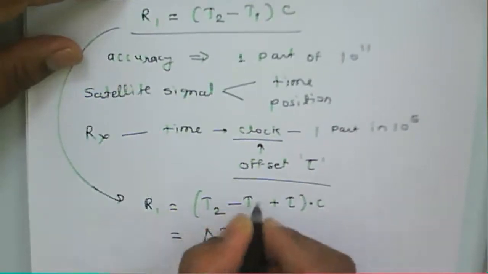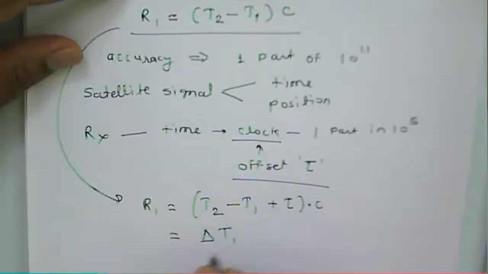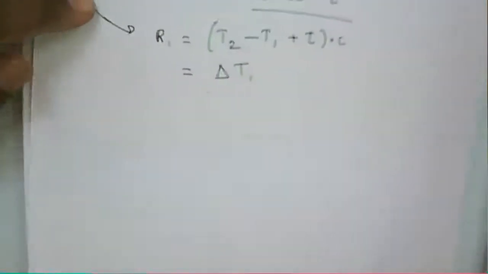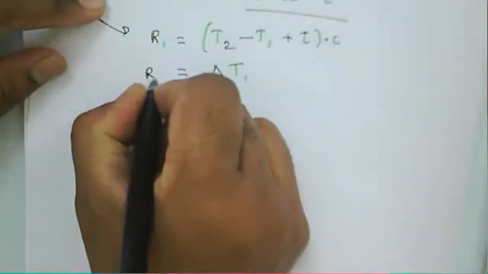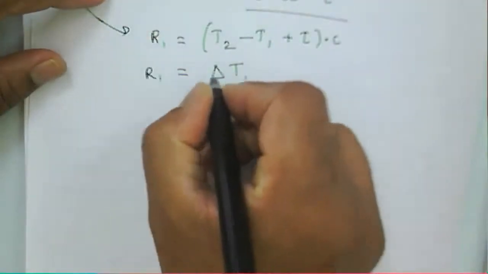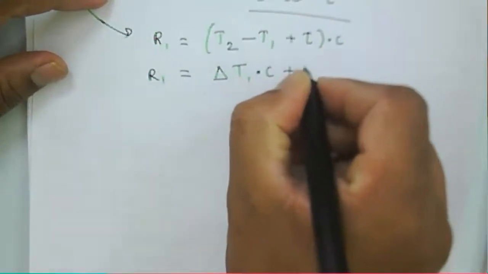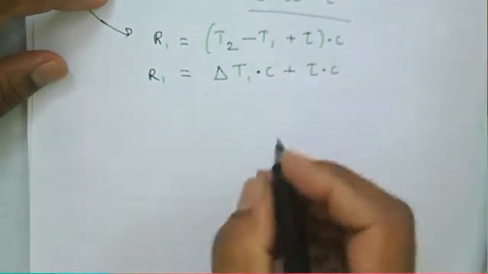and if you solve it, it will be the difference T2 minus T1. Supposing we obtain the calculation, we obtain the range equation. So R1 is equal to the difference delta T1 into c plus tau into c.